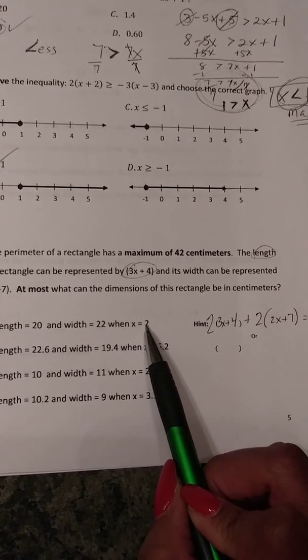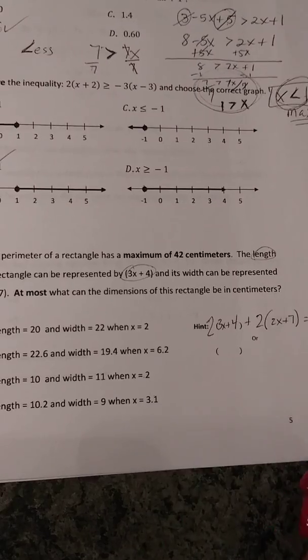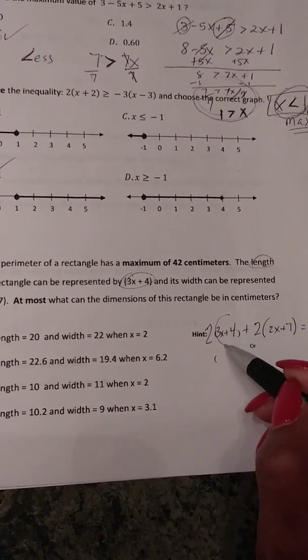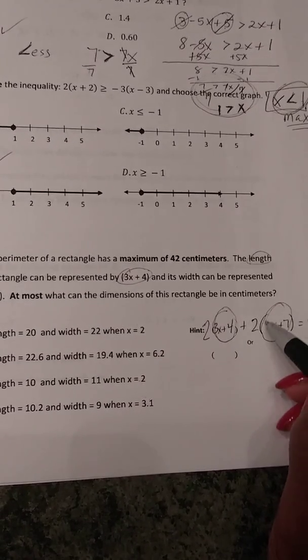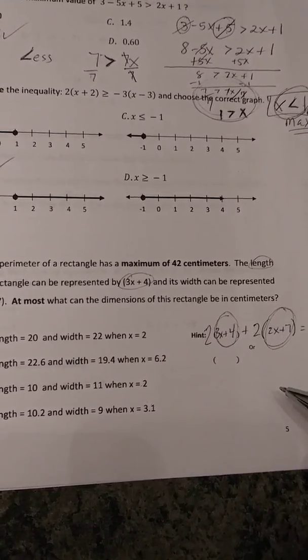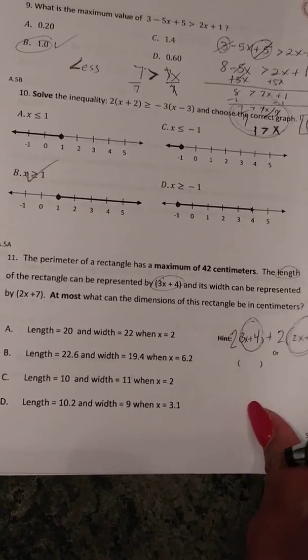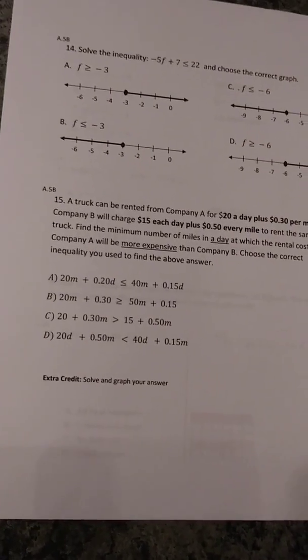I have x equals 2 here and x equals 2 here. So once you figure out your answer, take it and plug it into the length and then plug it into the width. And you'll have your answer. Okay, next page.